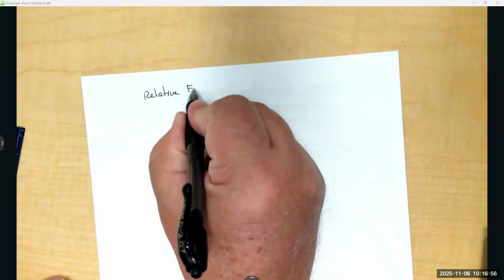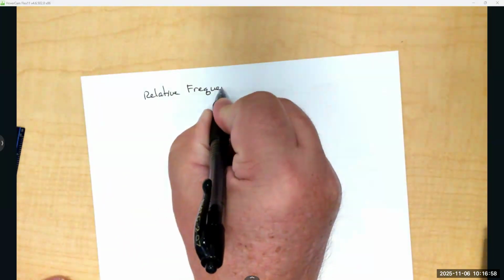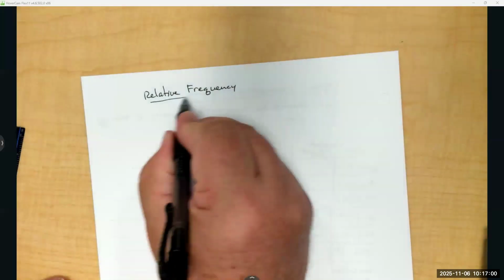How do we find the relative frequency? And what does it mean? The answer is in the name. Relative frequency. What does it find? Yeah, it tells me the frequency of that interval relative to everything else.